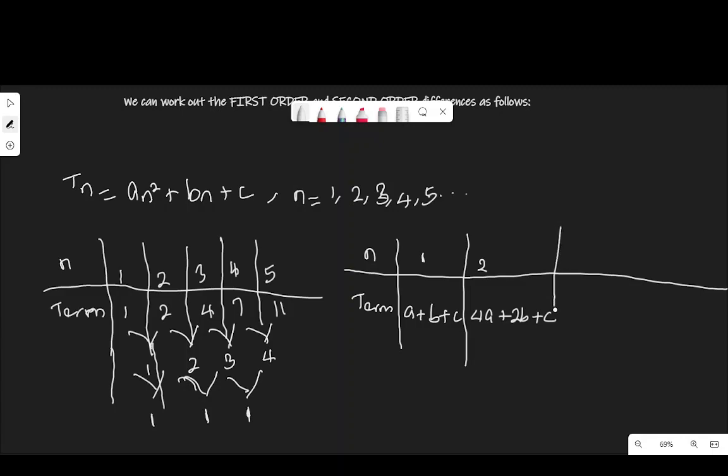When n is equal to 3, 3 squared is 9. 9 times a is 9a. 3 times b is 3b, plus the constant term c.